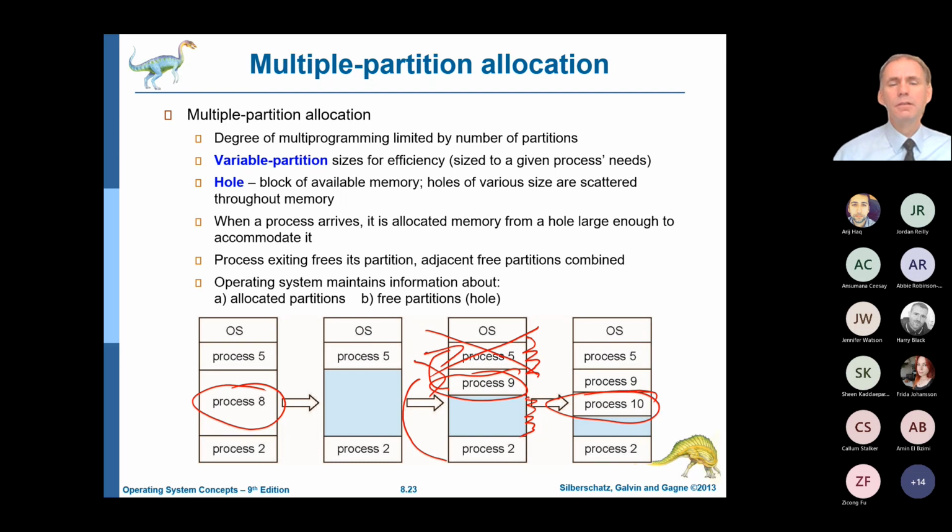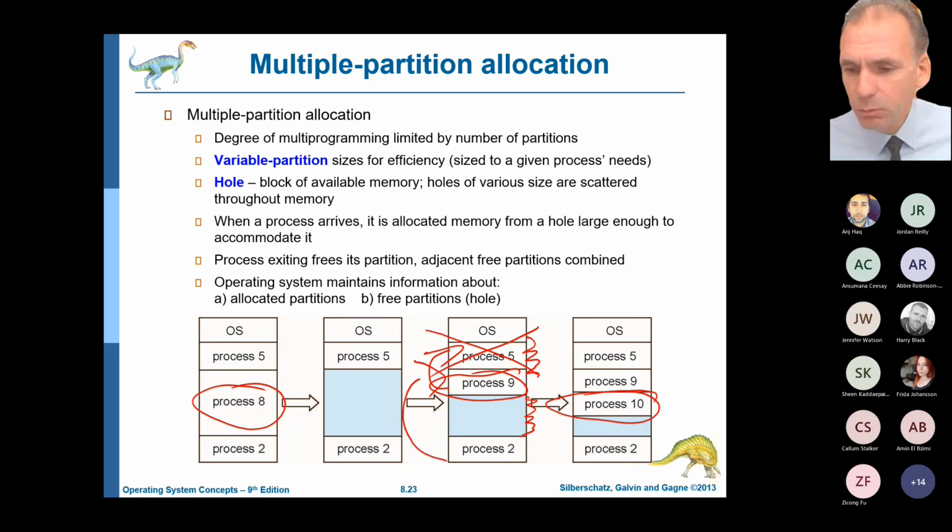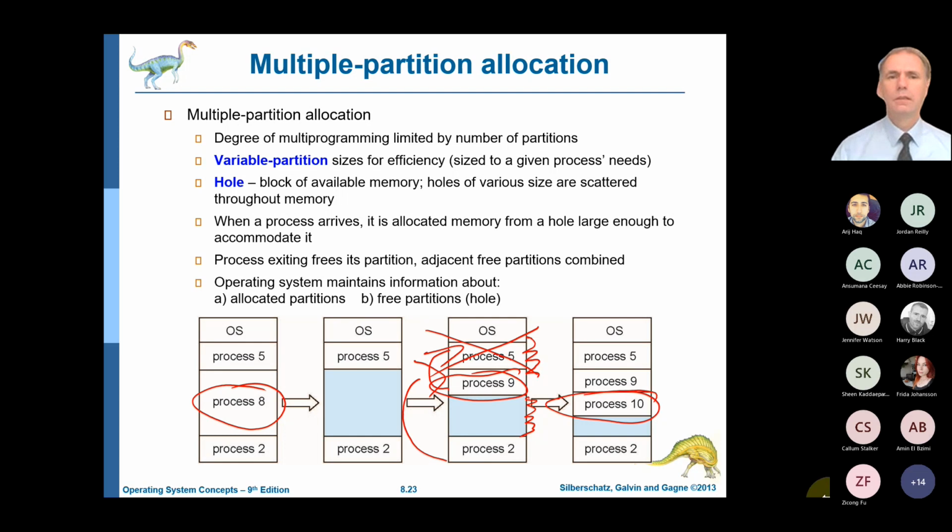There's another thing that we would have to think about as well. So again, we've got memory, we've got multiple holes in memory, and we want to run another process. Now, because we've got multiple holes in memory, it's possible that that process could fit in lots of spaces in memory.